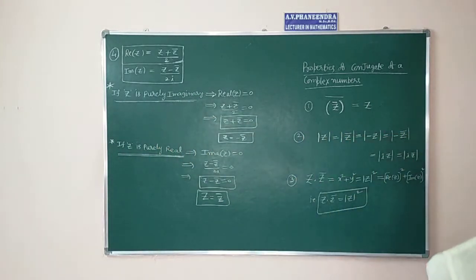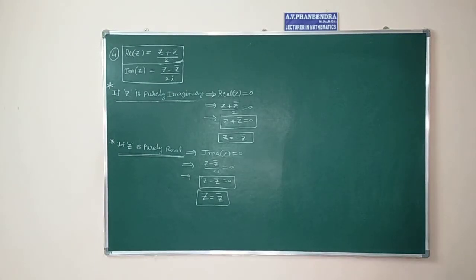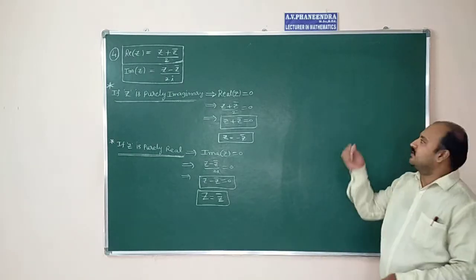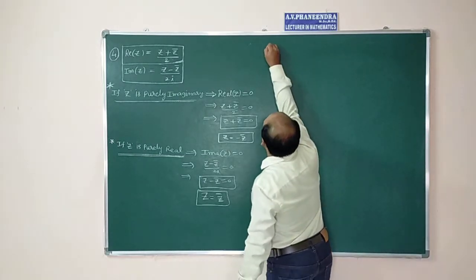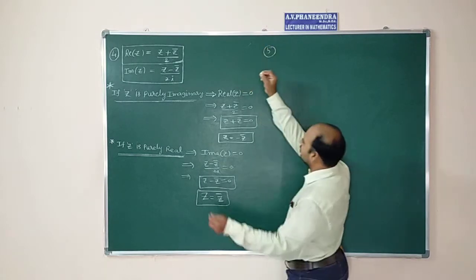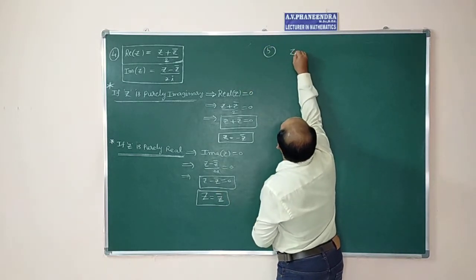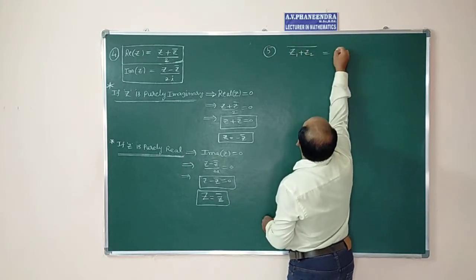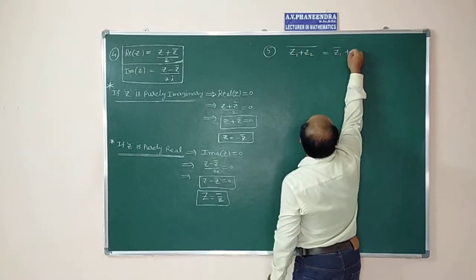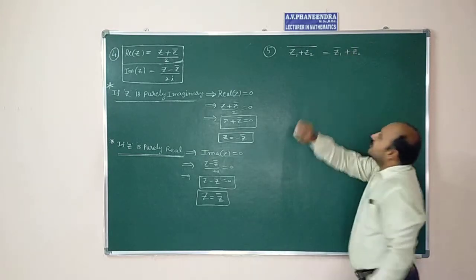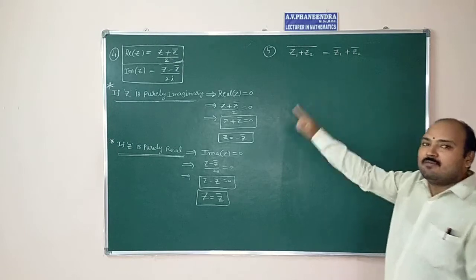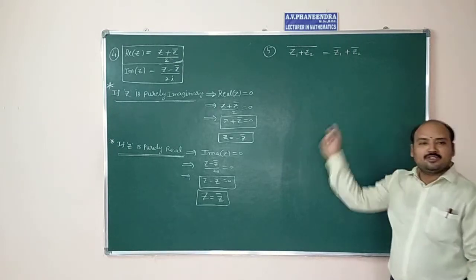After that, 2-3 more properties. Now the fifth: z1 plus z2 whole bar is equal to z1 bar plus z2 bar. That means the conjugate of the sum of two complex numbers is equal to the sum of the conjugates of z1 and z2.